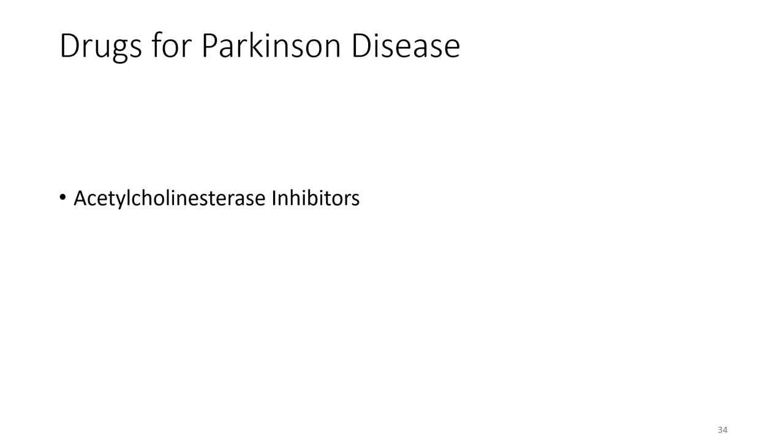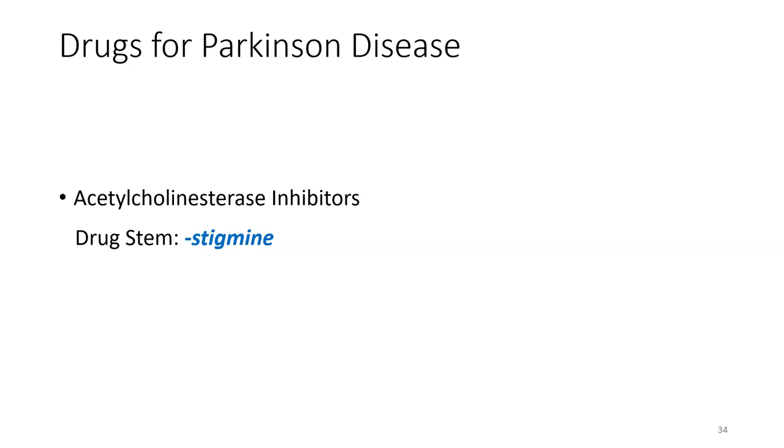And we also use acetylcholinesterase inhibitors. It kind of seems like it's a little bit backwards, but this is going to impact the tremors. Most often these are going to be used for Alzheimer's disease.